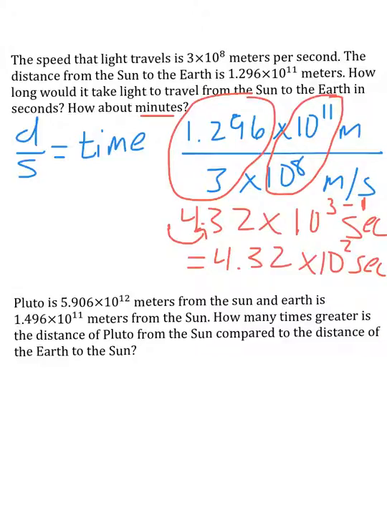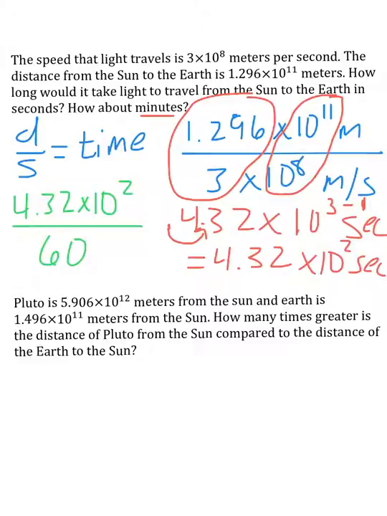Okay, so we take our 4.32 times 10 to the second. And we know that there are 60 seconds in a minute. So we're going to divide that by 60 seconds.